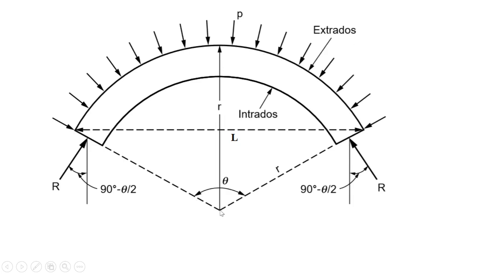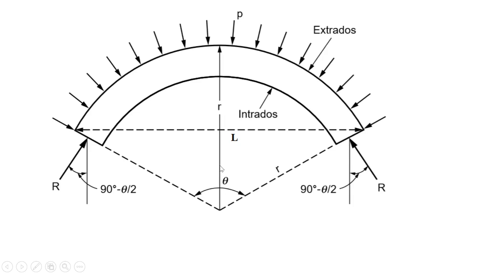And this is the imaginary center of the arch dam, and this is the central angle. If you divide the whole arch equally, then this half angle will be theta by 2 and this angle will be theta by 2.